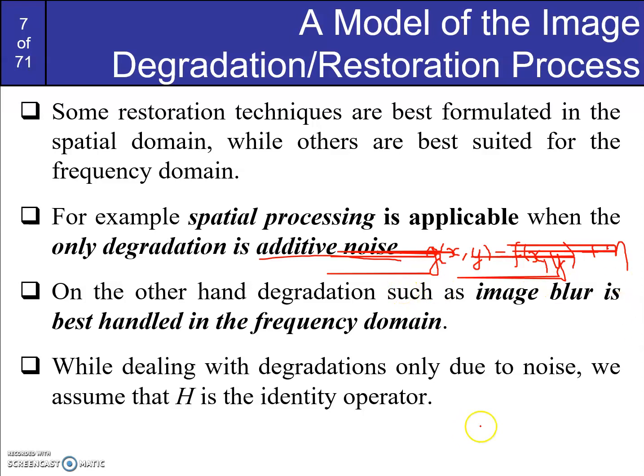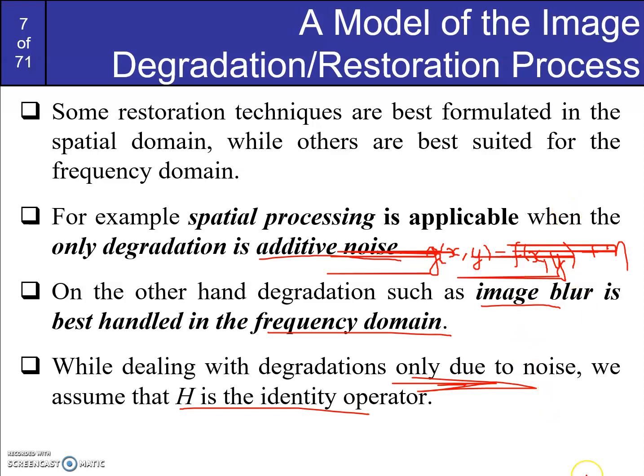On the other hand, degradation such as image blur is best handled in the frequency domain. While dealing with degradations only due to noise, we assume that H is identity, which means H is 1, so the convolution with 1 doesn't make any difference anyhow, right?